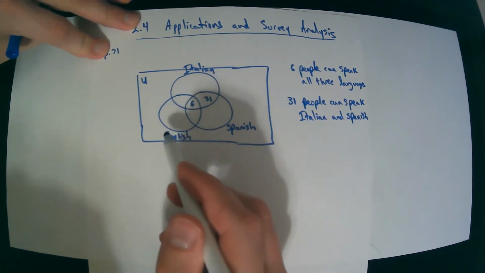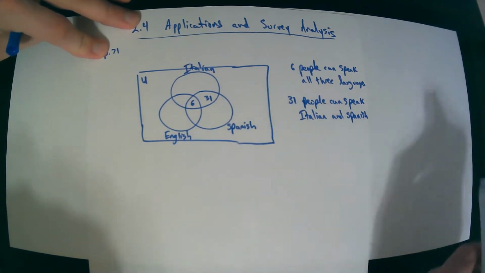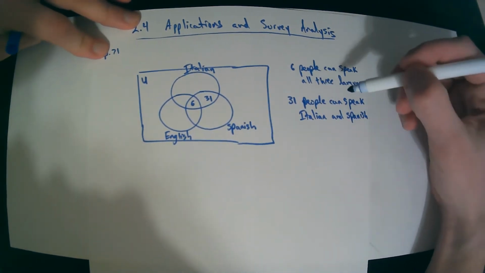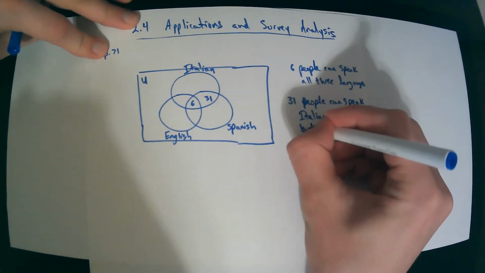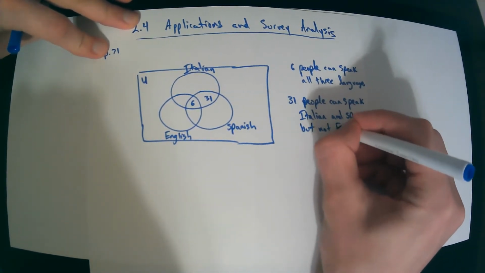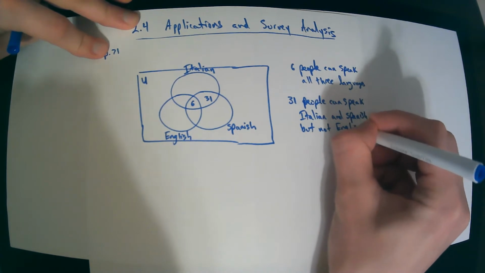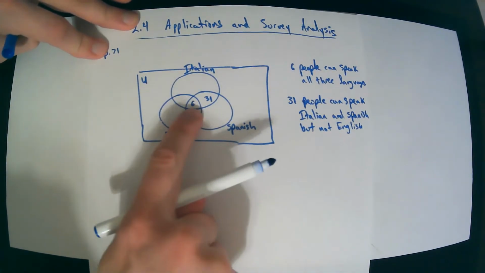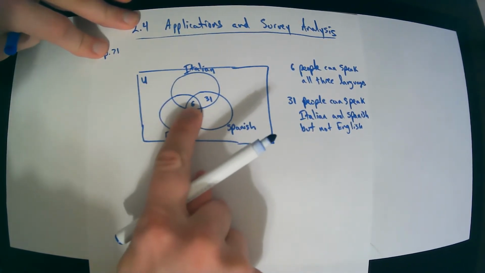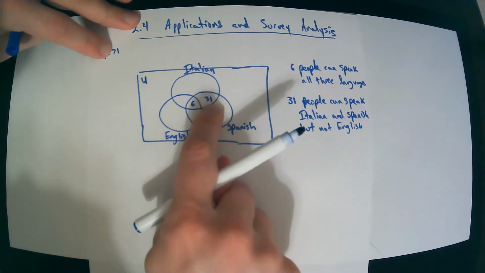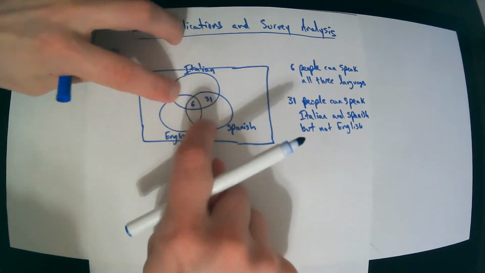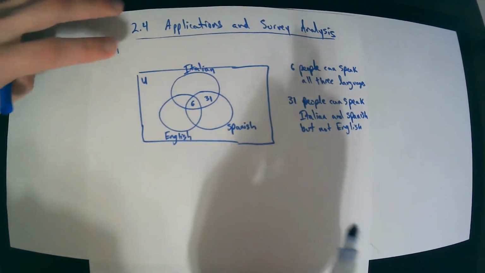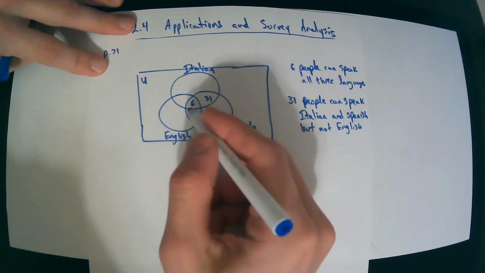They can also speak English. So I need to say 31 people can speak Italian and Spanish, but not English. That is what sets them apart from being in this most exclusive group here. These 31 people can speak Italian and Spanish, but they're not in this English circle.